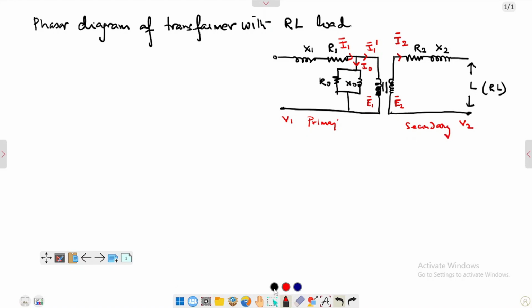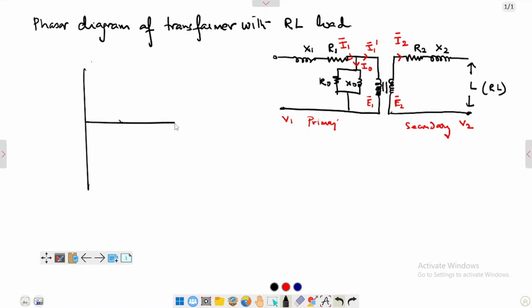So now, to draw the phasor diagram, always try to first draw a straight line like this, and then from the middle part of it, draw a straight line like this.